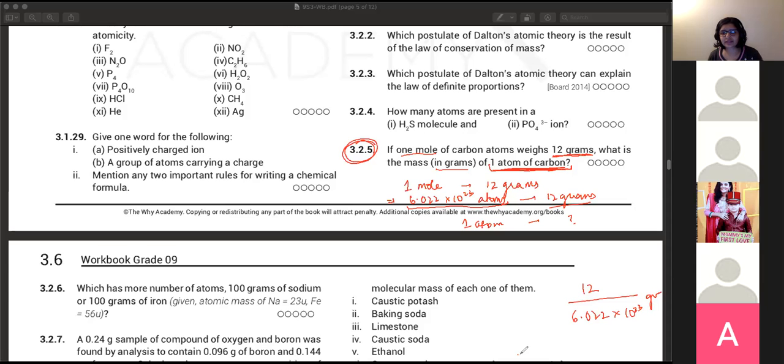So once you do the calculation, you'll get something around 1.99, a little less than 2, into 10 to the power minus 23 grams. This is the mass of one atom of carbon.